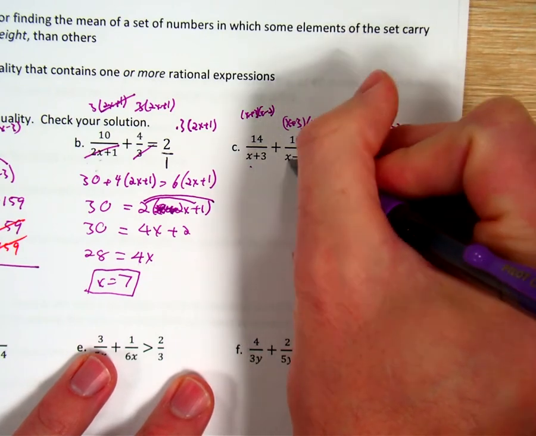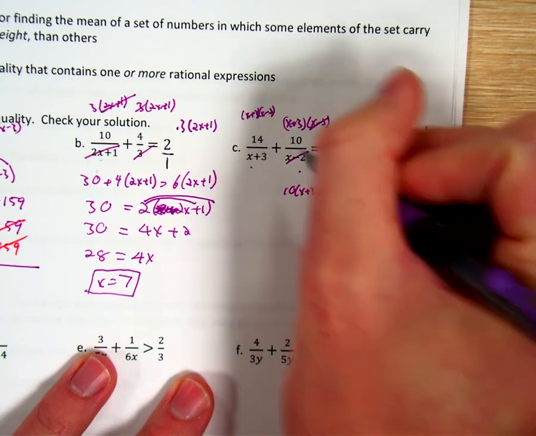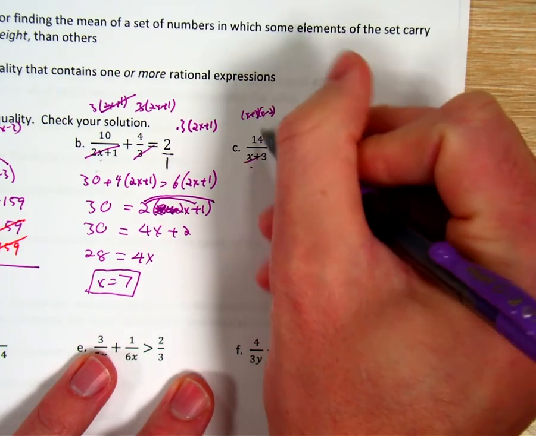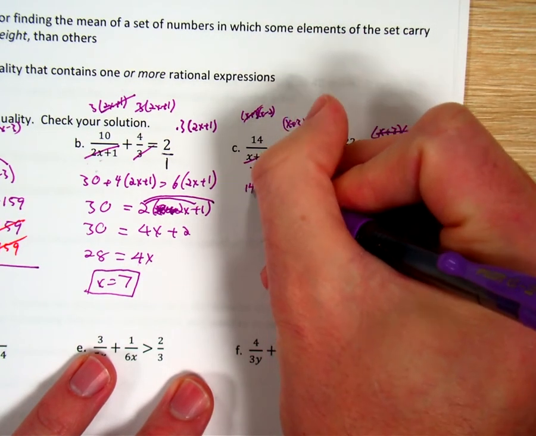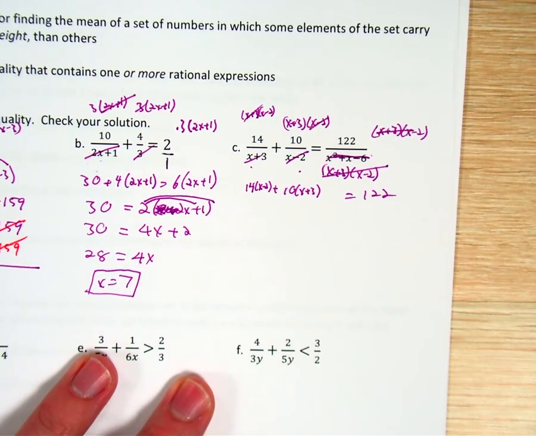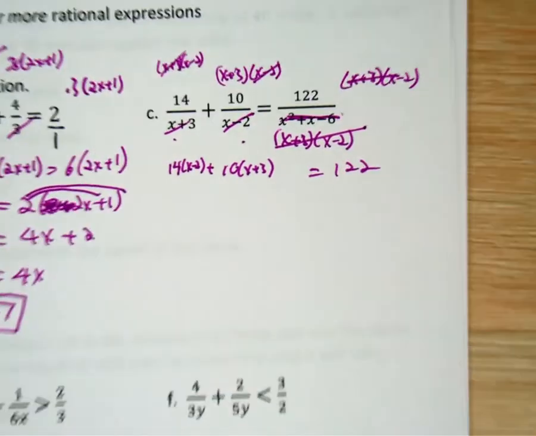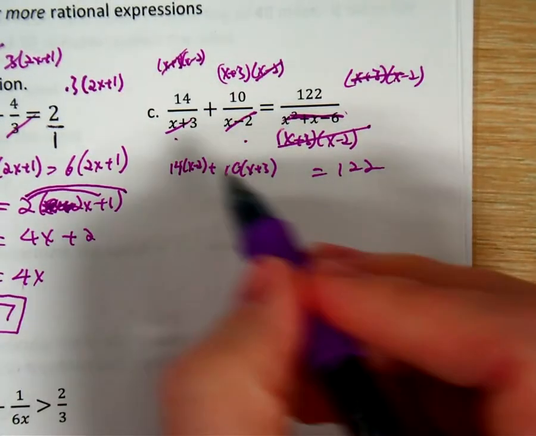The x minus 2's cancel. We have 10 times x plus 3. And x plus 3's cancel. We have 14 x minus 2's. That was a plus in the middle there. Tiny writing, didn't leave much room for myself over here.